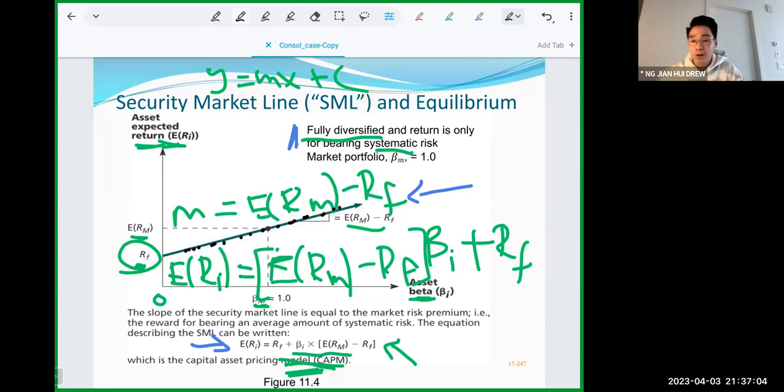Now, of course, we know that based on efficient market hypothesis, the market is a weak form or semi-strong form. Means what? Sometimes we might be able to find, using fundamental analysis, security that is above the line. Can you see when it's above the line, what happens?